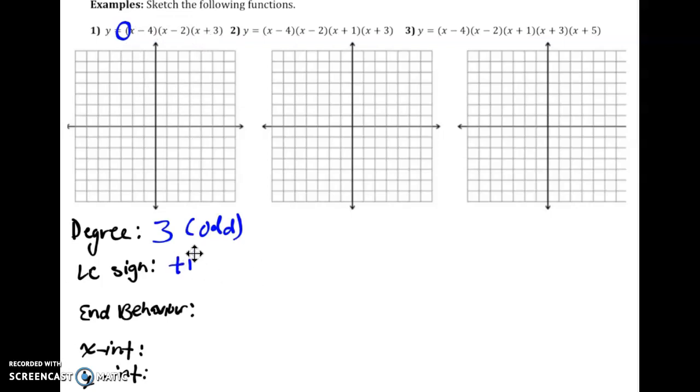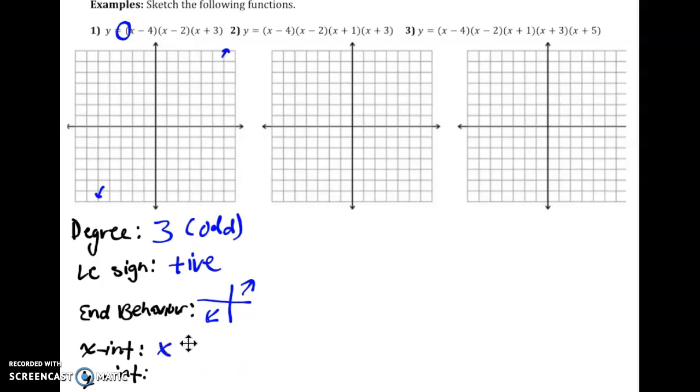So the sign of the leading coefficient is positive. Okay, and if it's an odd degree function with a positive leading coefficient, then the end behaviors are going to look like that. So we know we're going to start down here somewhere, and we know we're going to end up here somewhere.